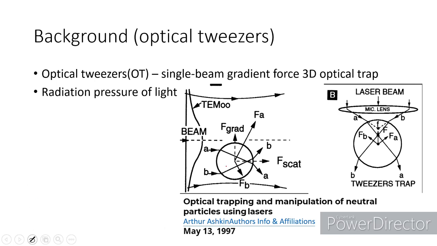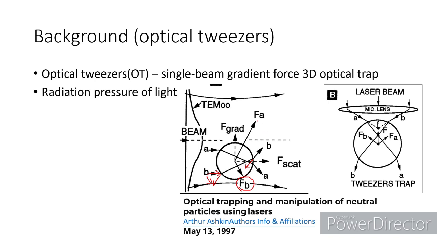Photon B here hits this particle and has an action force when it comes through the particle, and it will have a reactive force here. When we combine these forces together, we get the direction of FB, which is this. The same goes for FA, but FA becomes bigger because the intensity of photon A is bigger than photon B. So let's combine these forces FA and FB together.